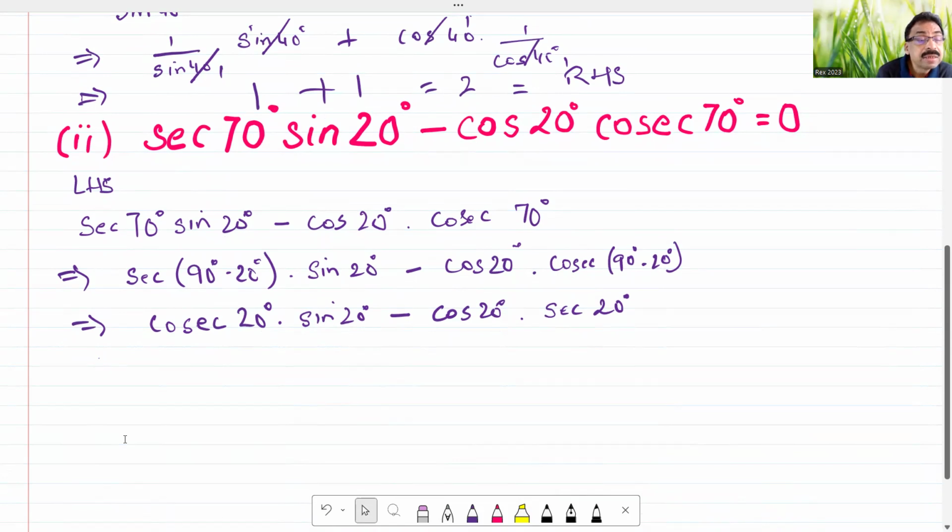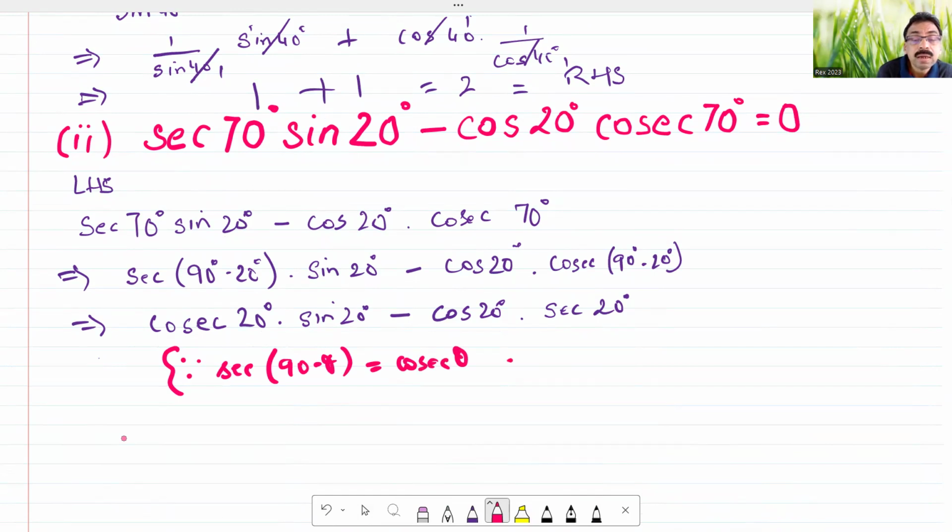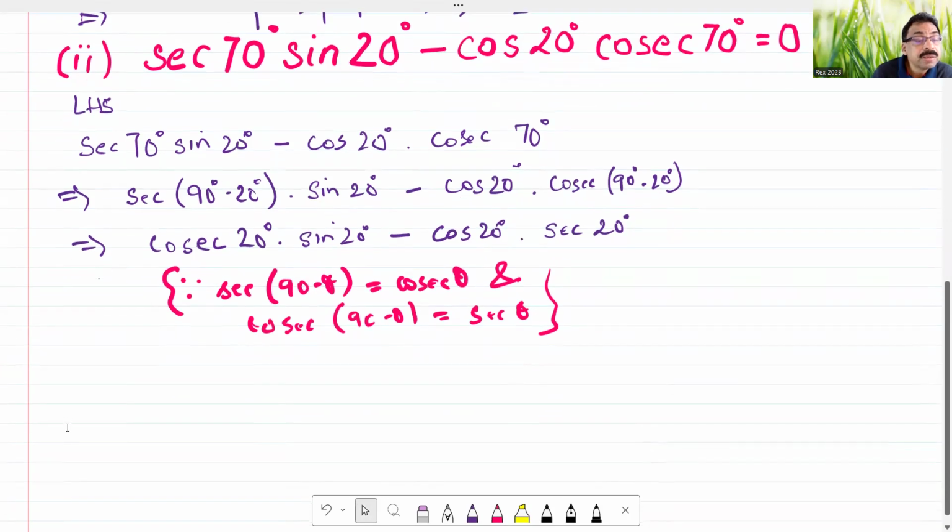You will have to write the reason as to why we've got cosec 20 here, since sec 90 minus theta is equal to cosec theta, and here cosec 90 minus theta is equal to sec theta. So that's the reason. Let's continue with the question, the steps.